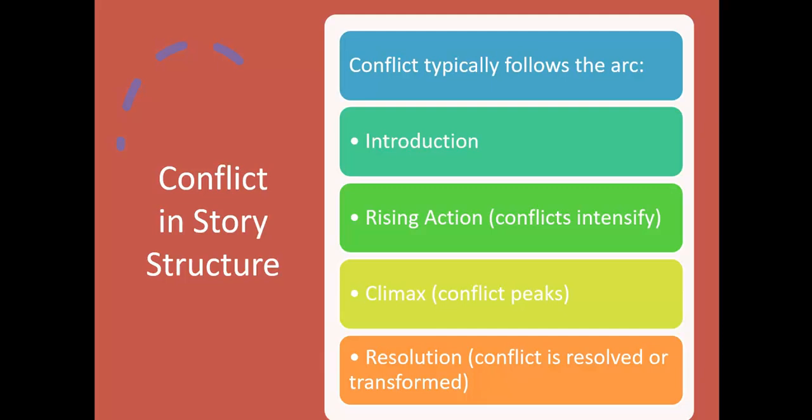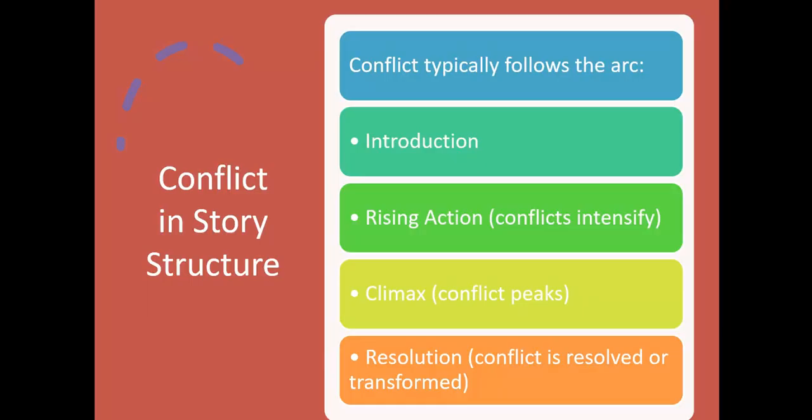Conflict in story structure. The conflict typically follows the arc. I'm actually going to show you a visual here. But think about how in the introduction, we're introducing characters and all of that stuff. We have rising action that goes up. The conflicts intensify, right? So you feel it in your bones. You feel the intensity. And then the climax, it's where the conflict is at its highest point.